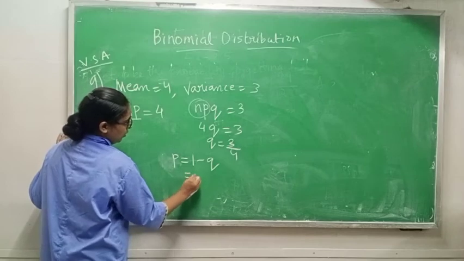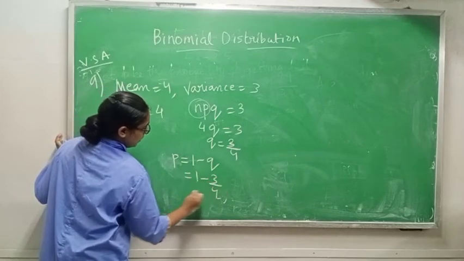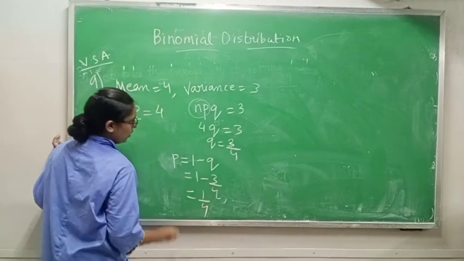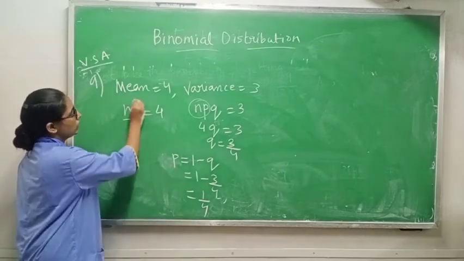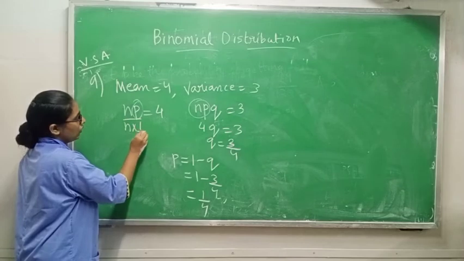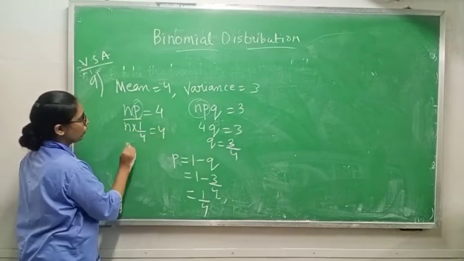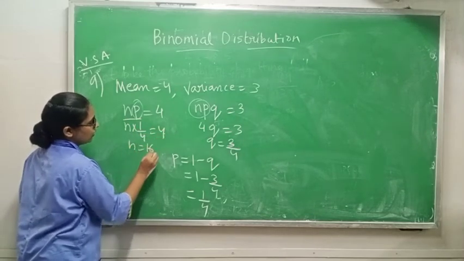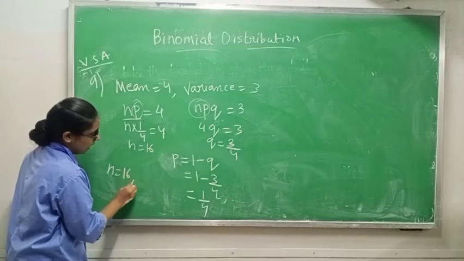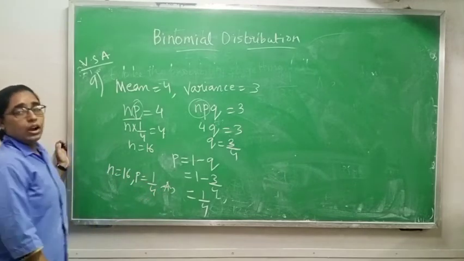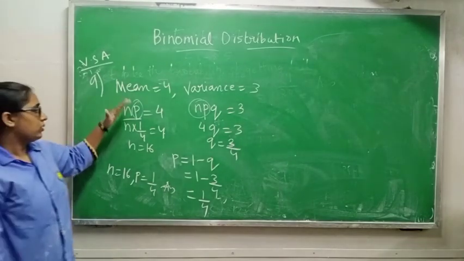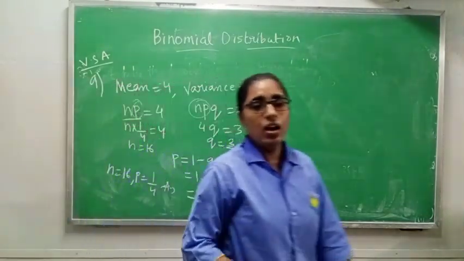So 1 minus 3 by 4 equals 1 by 4. The p value you got is 1 by 4. Now put it here, and this 4 will go to that side. 4 4s are 16. So n equals 16 and p equals 1 by 4. So this one is your answer. We are just putting the formula and finding the answer.